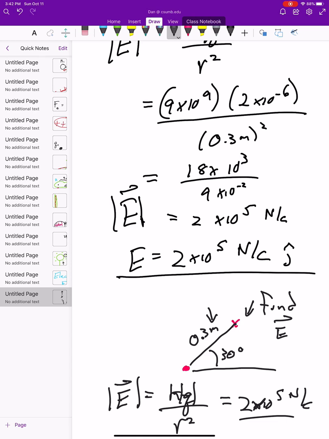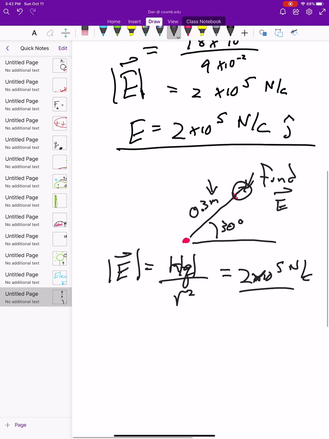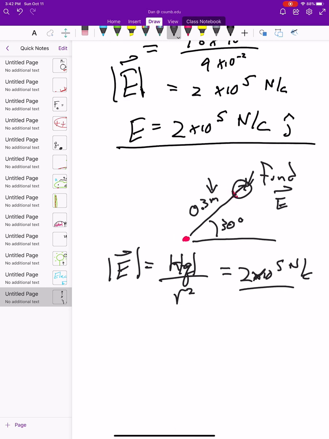So the direction of the electric field is not going to be vertical. It's going to have both a vertical and a horizontal component. I need to figure out what those are so that I can express this electric field vector in both i hat and j hat. I could say the electric field is at an angle of 30 degrees above the horizontal.